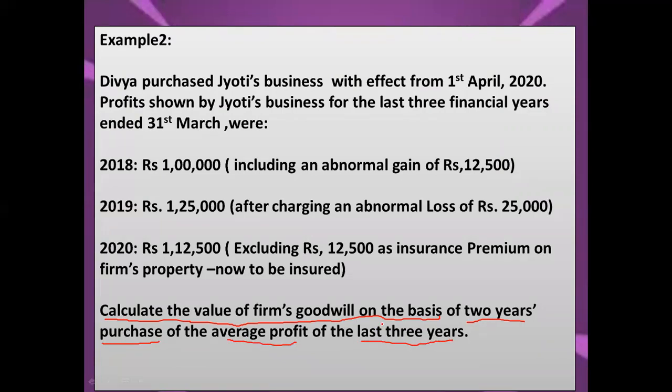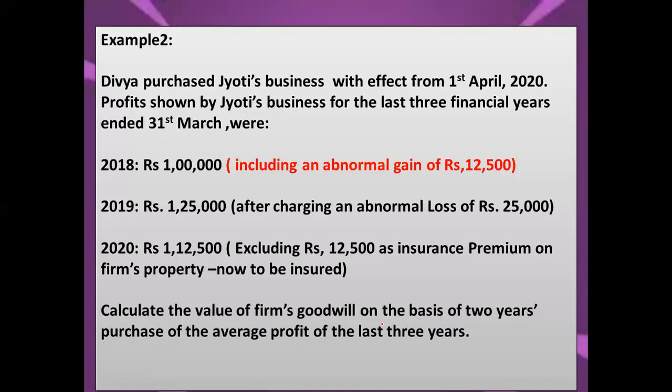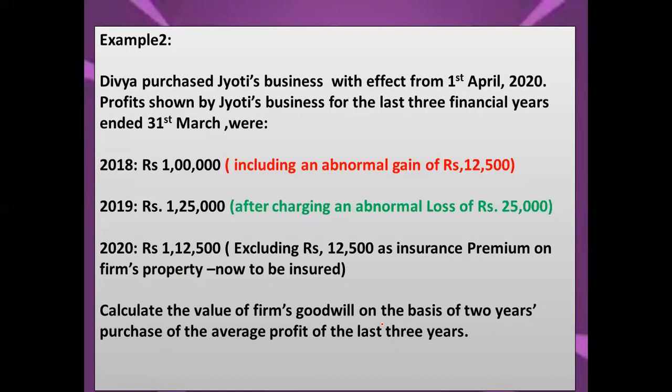So let's see what is important in it. In 2018, 1 lakh profit was calculated, including an abnormal gain of 12,500. While calculating this amount, they have included one abnormal gain, but abnormal gains are not supposed to be taken, so we will deduct this amount. In 2019, this amount of 1,25,000 is calculated after charging an abnormal loss of rupees 25,000. In case any abnormal loss is there, it has to be added back.